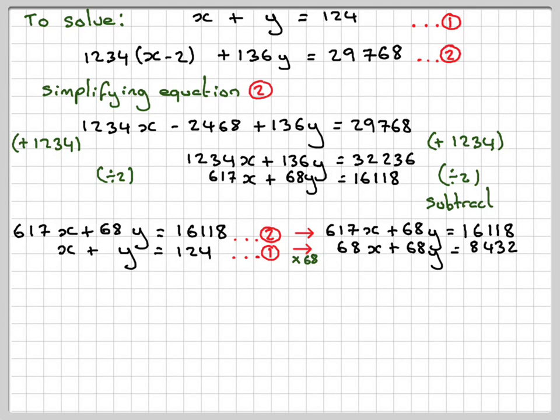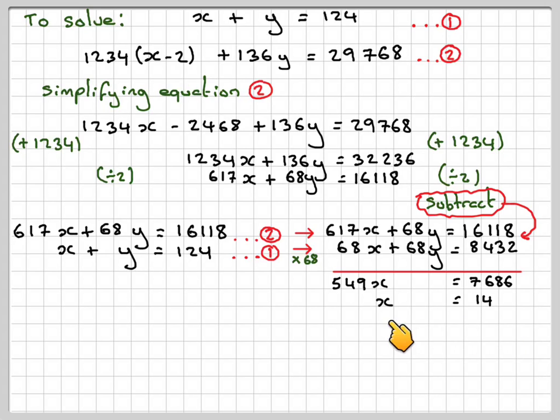Right, if we now subtract, because the signs are the same, we've got 617x minus 68x, which gives me 549x. Nothing from the y terms because we've eliminated them. And then I need to do 16,118 minus 8,432, which gives me 7,686. And then divide through by 549 gives that x is equal to 14.